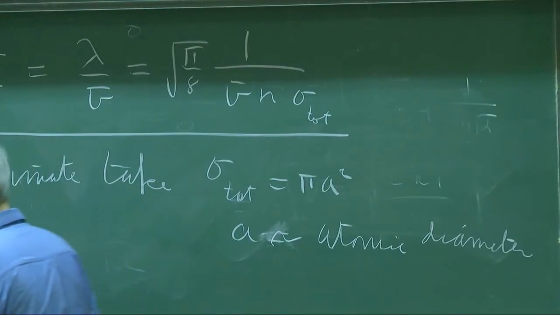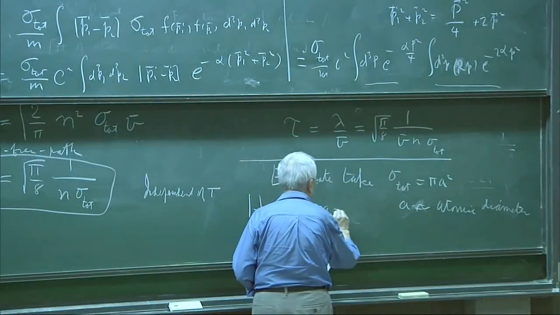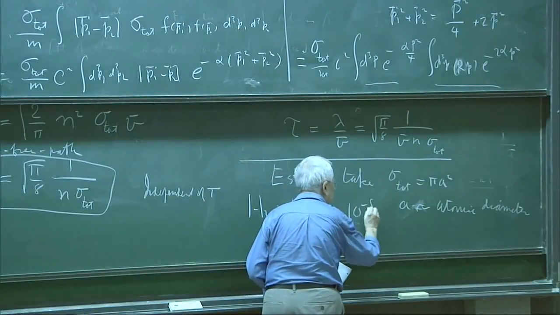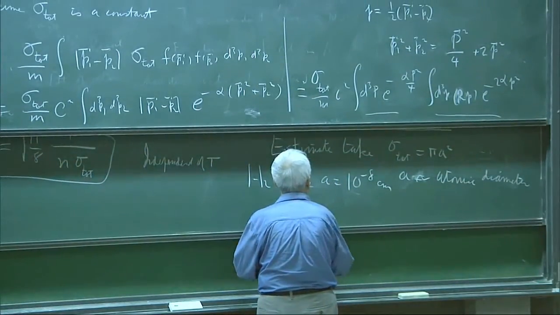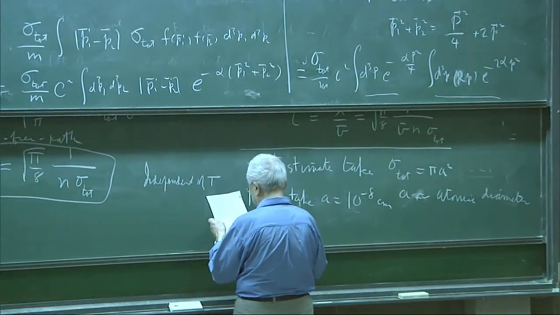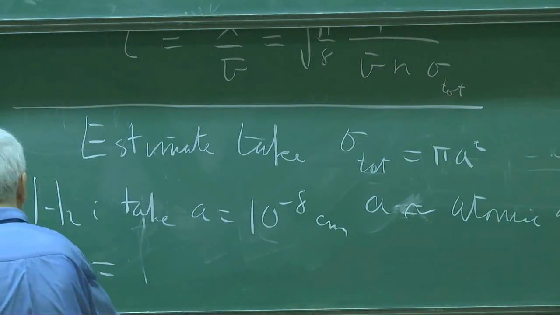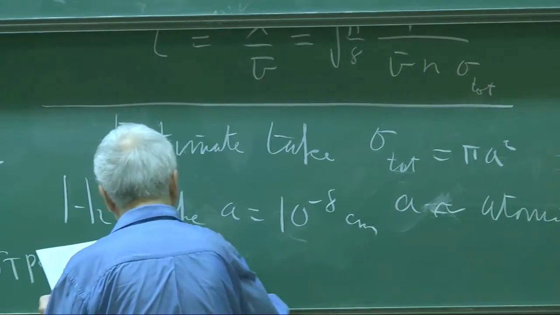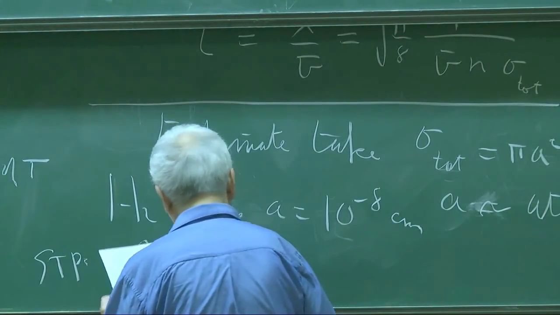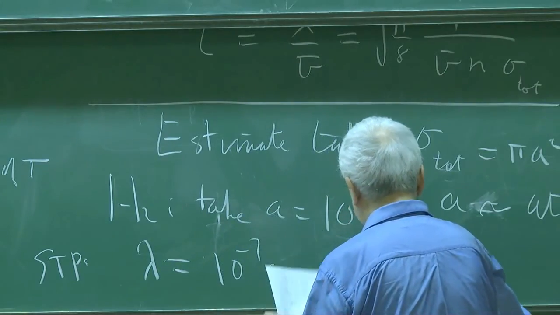For example, for H2, we can take a to be 1 angstrom, 10 to the minus 8 centimeter. And then if you plug it in, you will find that lambda under STP, standard temperature and pressure, is 10 to the minus 7 centimeter. And tau is 10 to the minus 11 second.